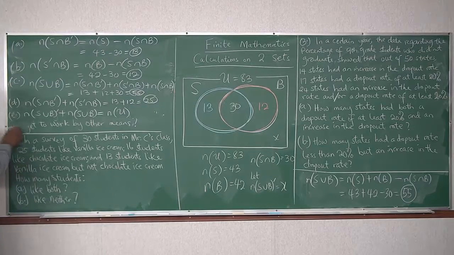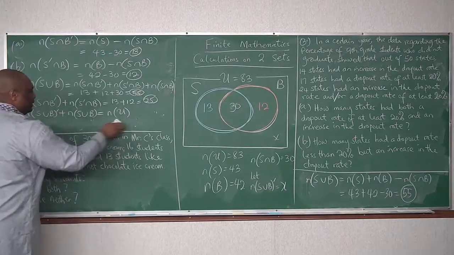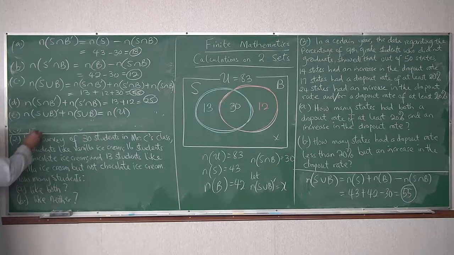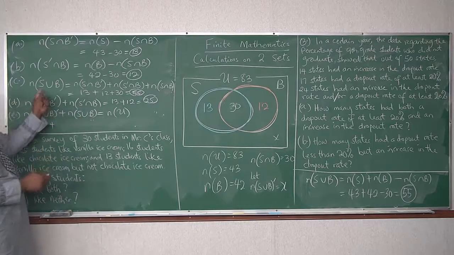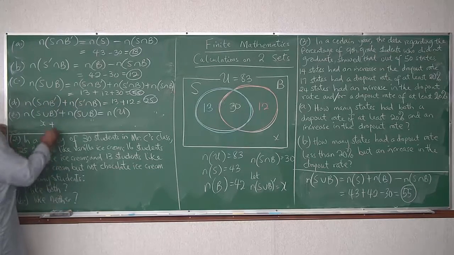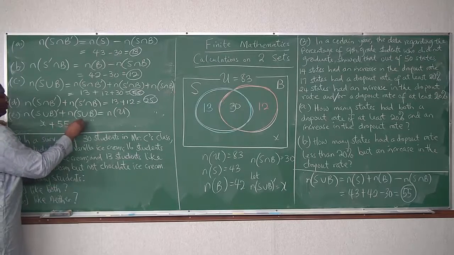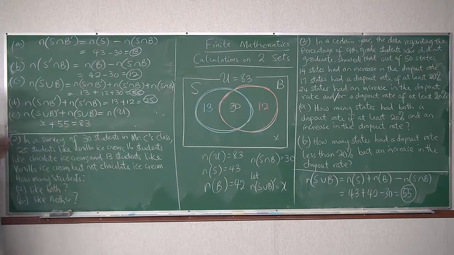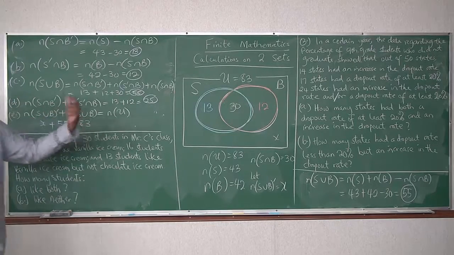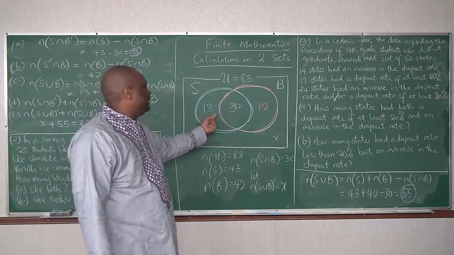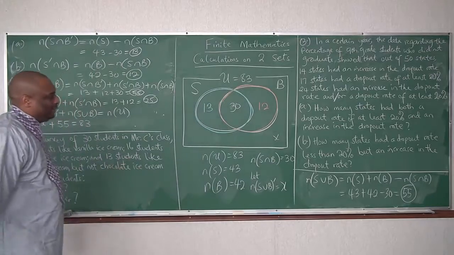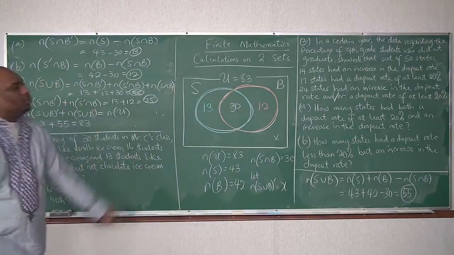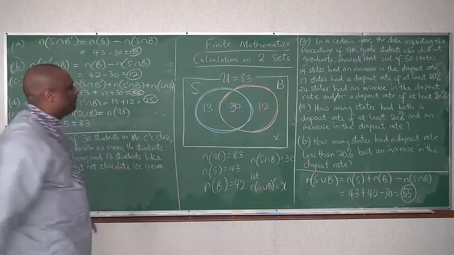Now what does this give us? This means X plus subway union bus, which is 55. X plus 55 is equal to what? 83. Because you can also say 13 plus 30 plus 12: 13 plus 12 is 25, plus 30 is 55.